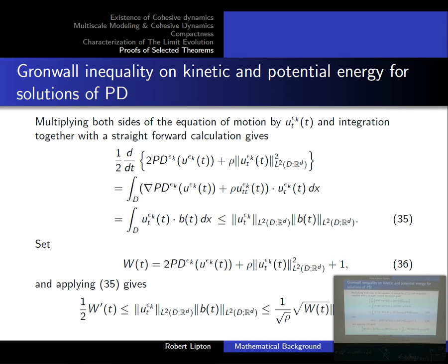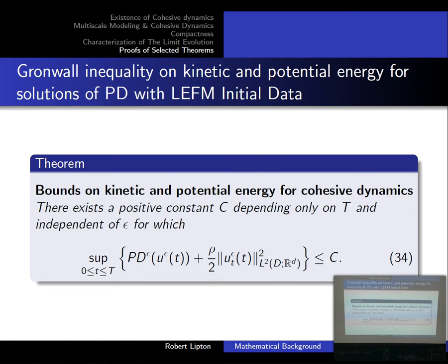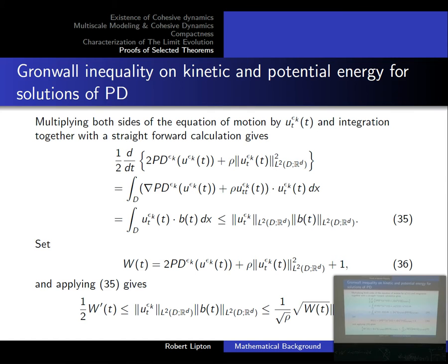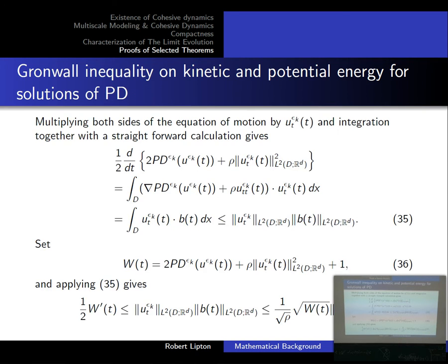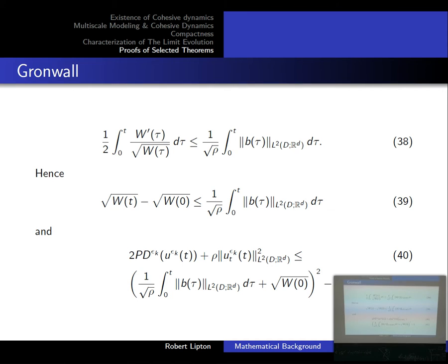And then we continue. What I want to say is we basically want to get a bound on this. And that's going to be our Gronwall inequality. Okay, a uniform bound on that. Okay, so we go ahead and we divide by W of t, and we still have this differential inequality. We use the fundamental theorem of calculus.